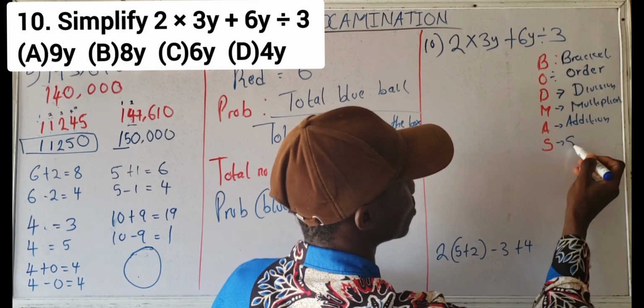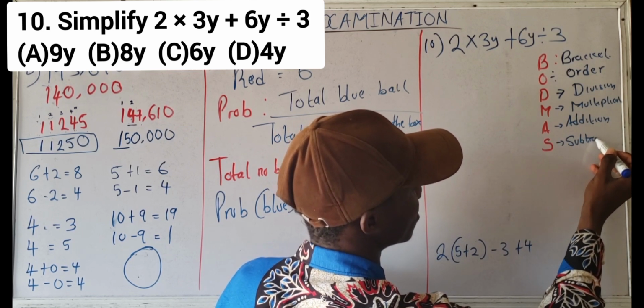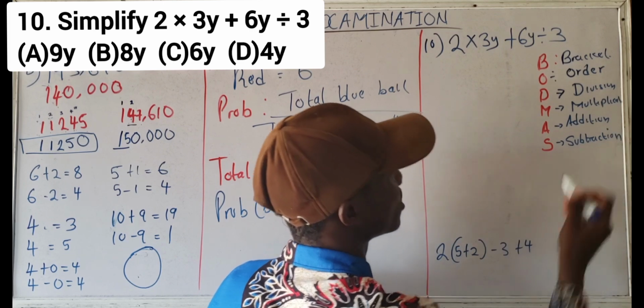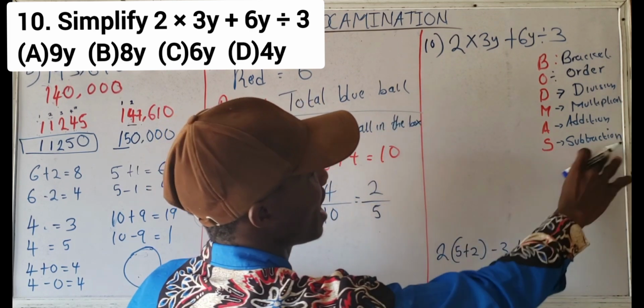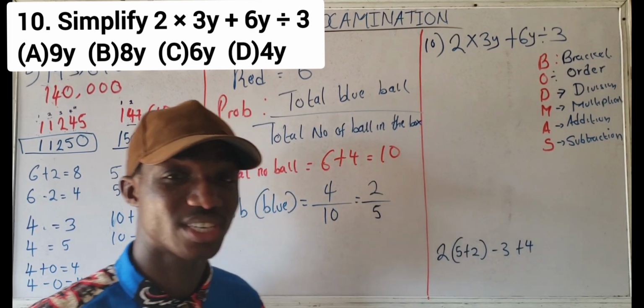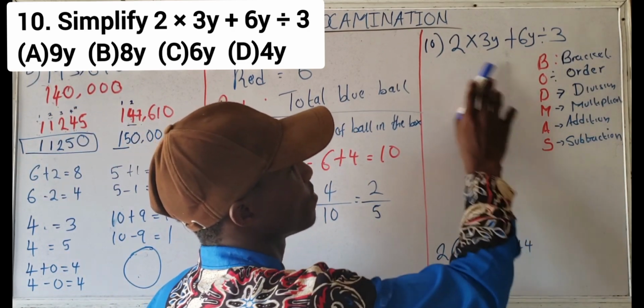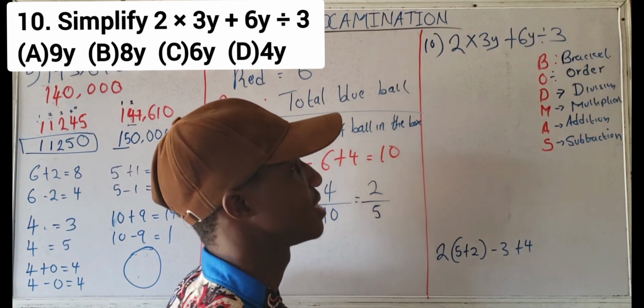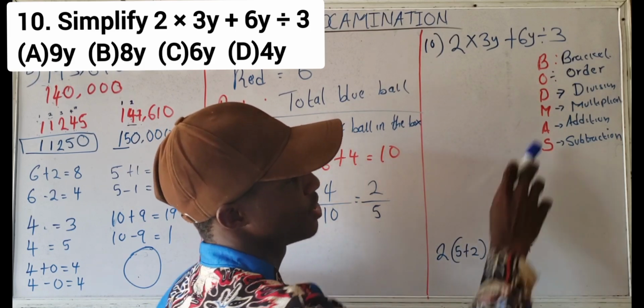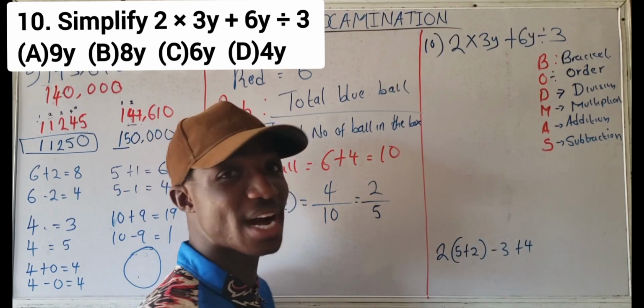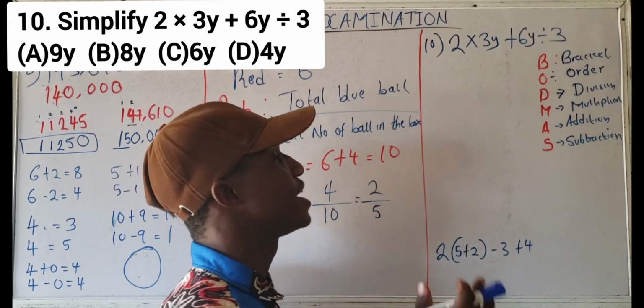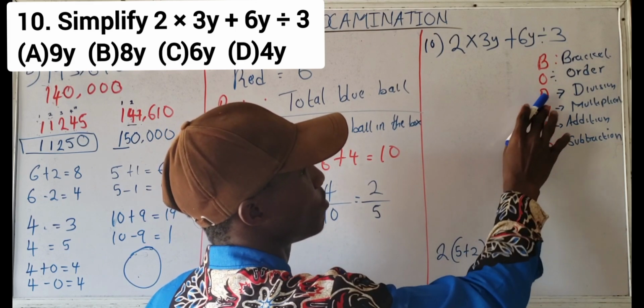Then you proceed to subtraction. So now, using this device, you can simplify any equation that has multiple signs. First solve the one inside the bracket, then follow this order. If there is no bracket in your equation, like this equation now, you proceed to division.